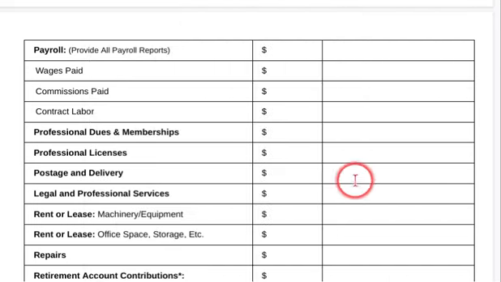So I put $192 on the line right there. And then I put $15.99 tool rental, 12 months.